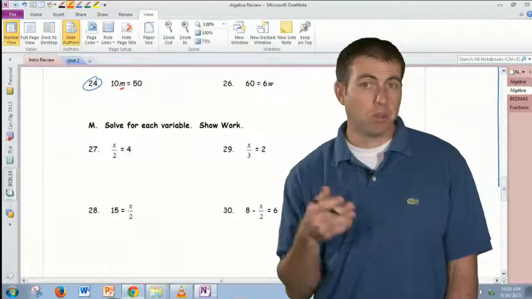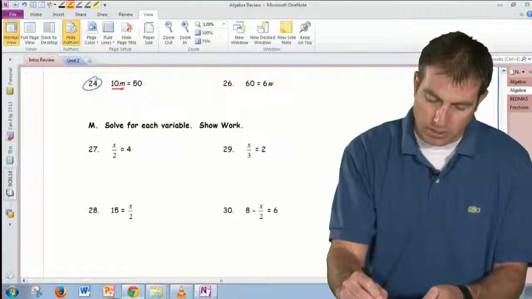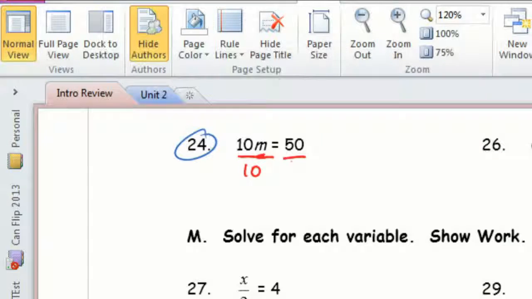The opposite of multiplying by 10 would be dividing by 10. And if I divide one side by 10, I have to divide the other side by 10 as well. So 10m over 10, the 10s are going to just divide to give me 1. I'm going to be left with m. And then 50 divided by 10 is just going to give me 5.